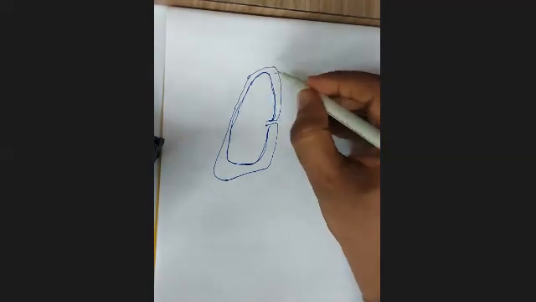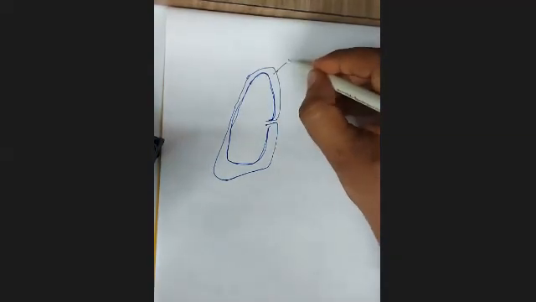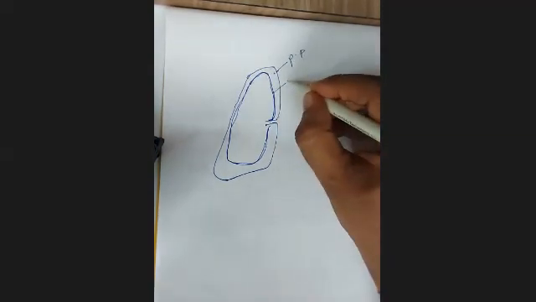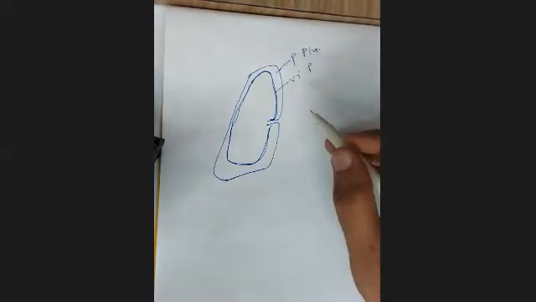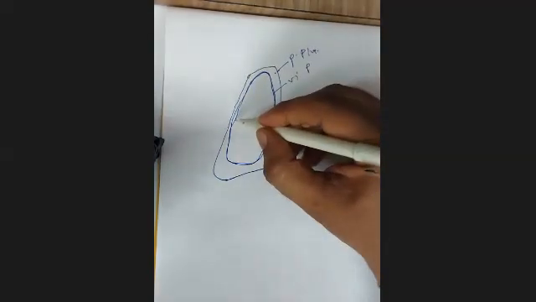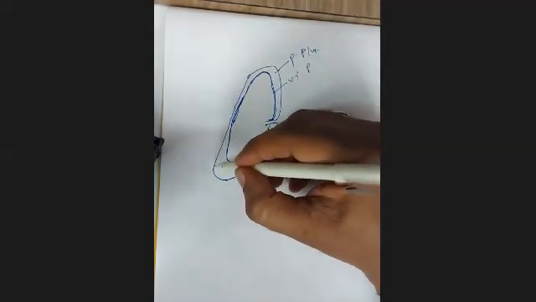This is the pleural cavity in between, and this is the parietal pleura. This is parietal pleura, and this is visceral pleura.